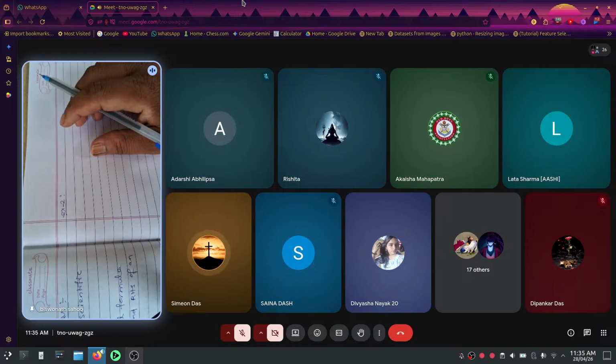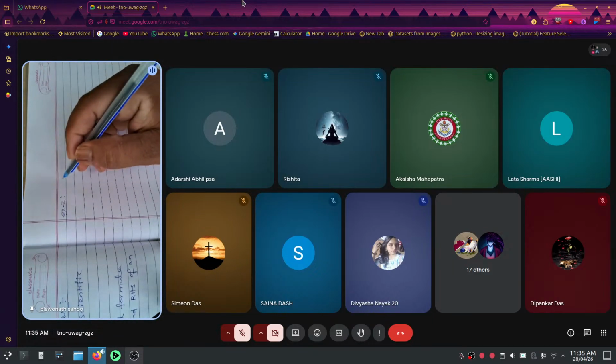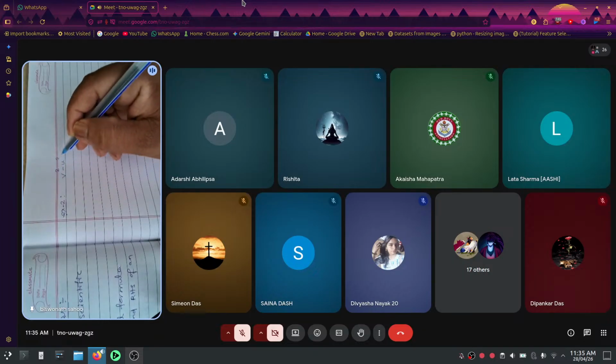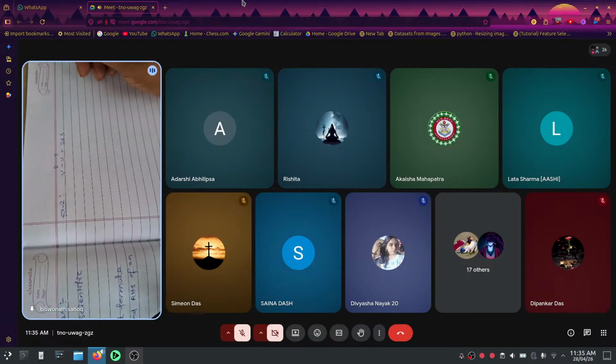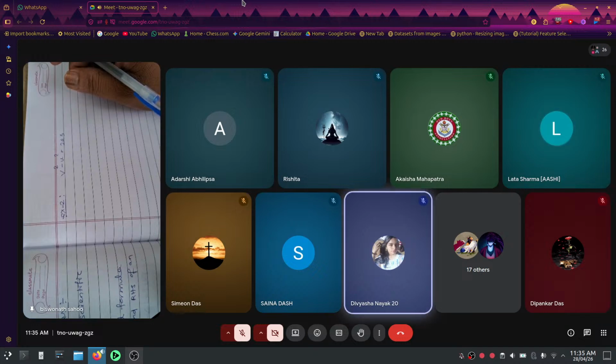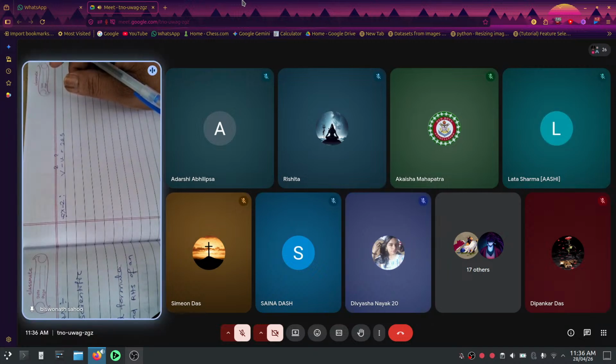Sir, v square minus u square equal to 2as. Okay. v is equal to u plus at also we can do, no problem. Somebody is telling something else. No, sir, E is equal to mc square.